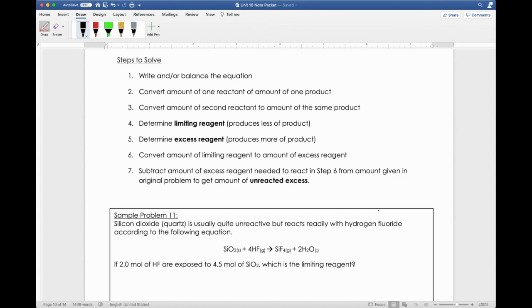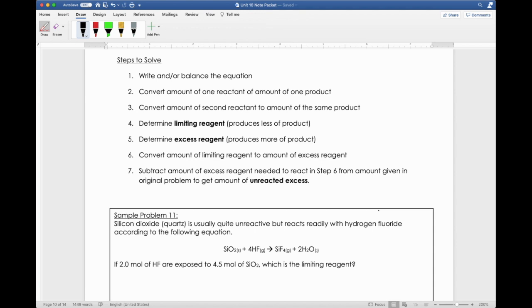So notice for limiting and excess reagent problems, there are a few more steps. First step is exactly the same, right? Write and balance the equation. That's always a given in any problem at this point in your chemistry career. Always make sure it's correctly balanced and written. And we're going to follow through the rest of these steps as long as we need to use them.